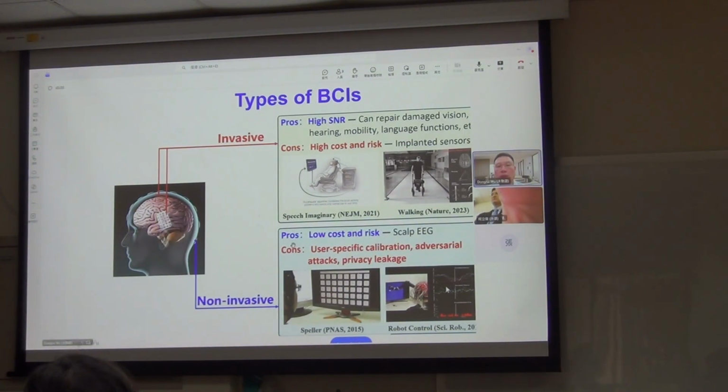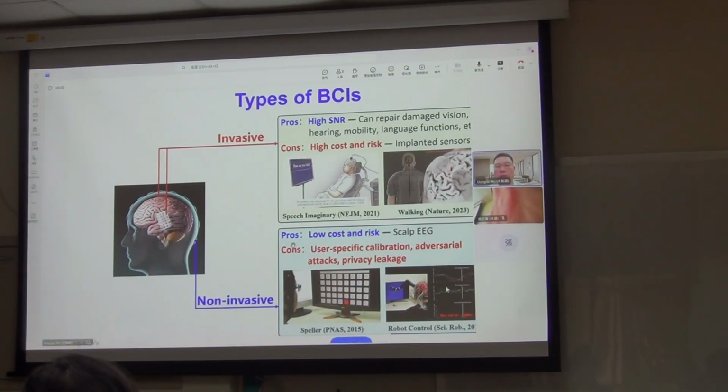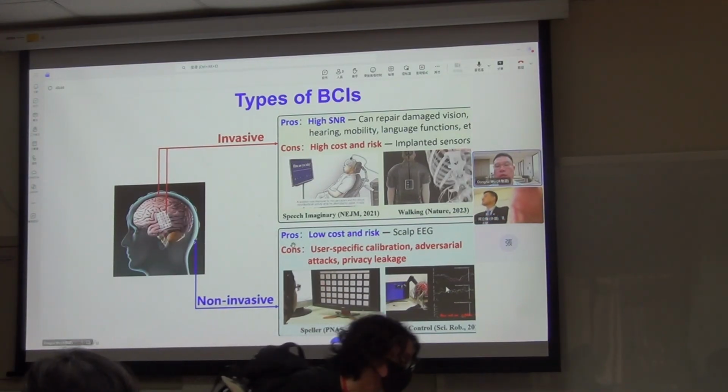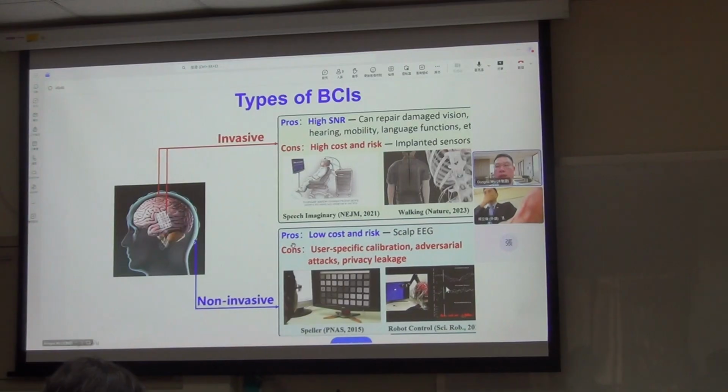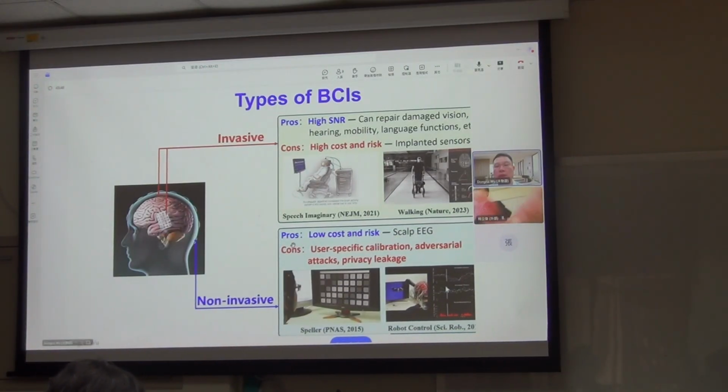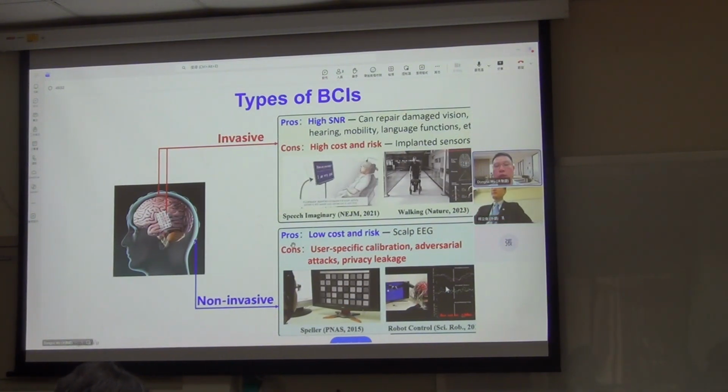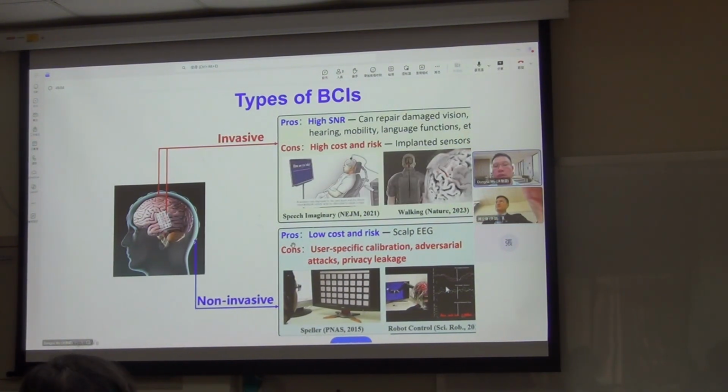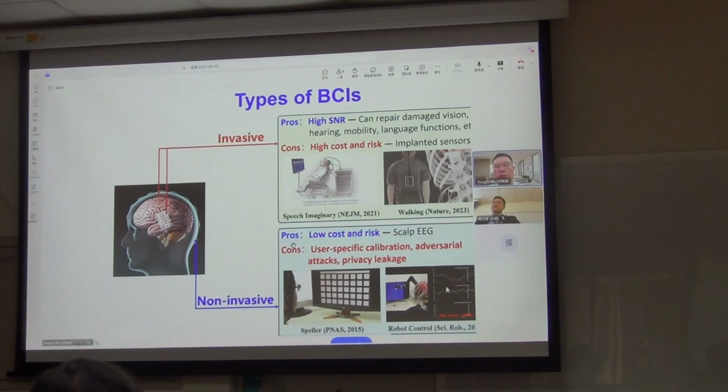But the main disadvantages of invasive BCIs are high cost and high risk, because generally we need to implant sensors into our brain, and after a certain time, for example, a couple of years, these sensors may degrade, and we need to remove old sensors and implant new sensors, which further increases the cost and the risk.